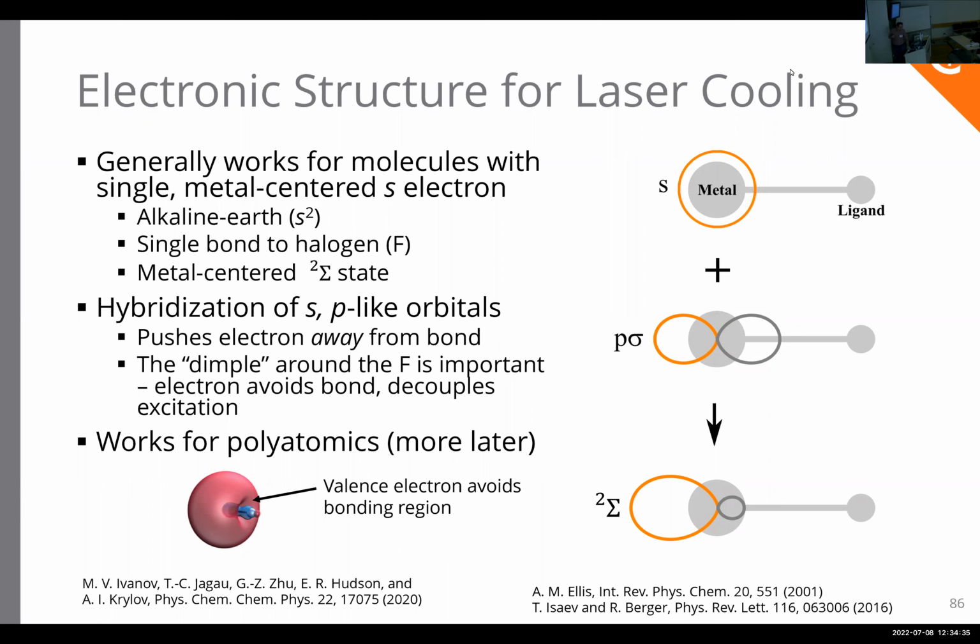Any questions? One question. So yeah, this intuitive picture looks really cool. However, I think you said that only 4 molecules so far have been found useful, having a diagonal structure for laser cooling.